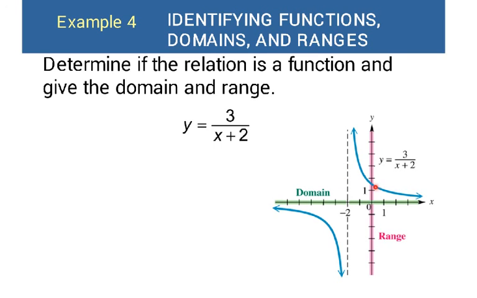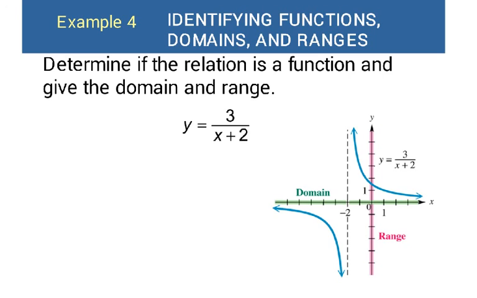And what this means is our function goes forever up in the positive y direction, and it gets closer and closer to that -2 value, but it never reaches it. Same from this end. It keeps going down, down, down, and keeps getting closer and closer to -2, but never reaches it. That's why that point is not included.